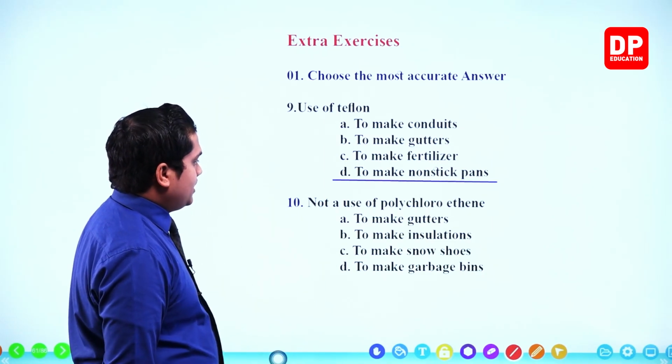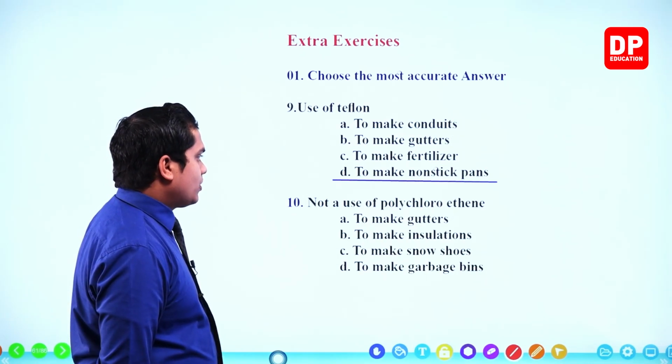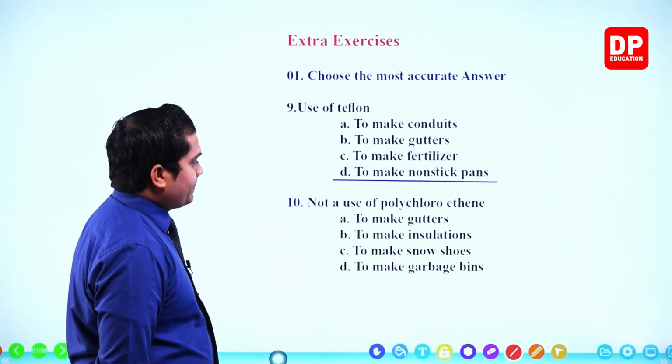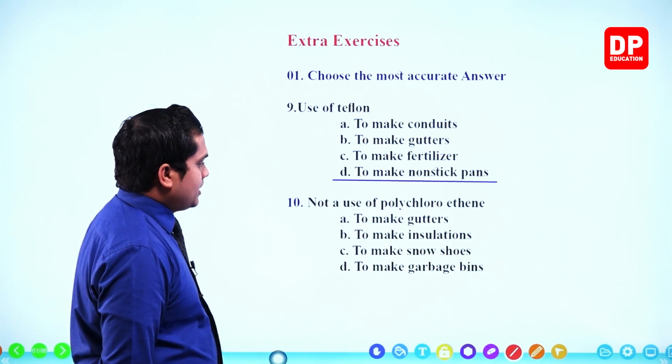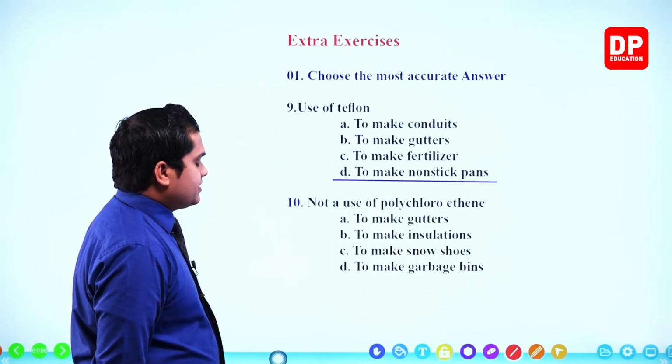Next one. Not a use of polychloroethene. Polychloroethene, that means PVC, not a use of PVC. To make gutters, to make insulations, to make snowshoes, to make garbage bins.